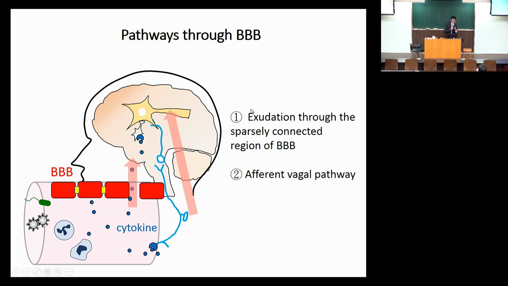Actually, there are some stories already. One is that some people believe that in some parts of the brain there are gaps in the blood-brain barrier, so the cytokine can go through the blood-brain barrier like this.